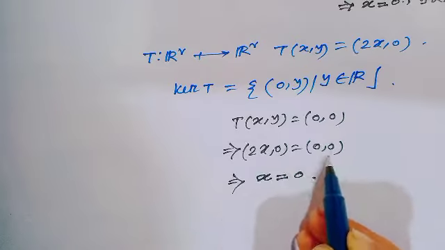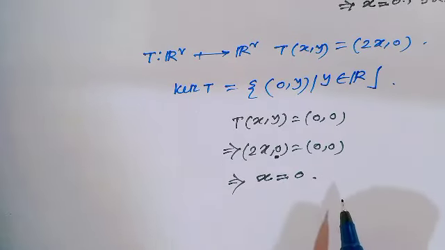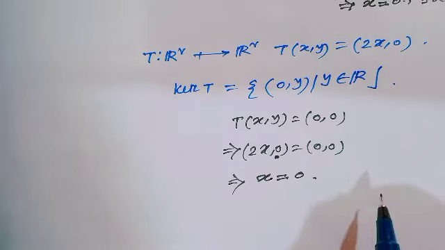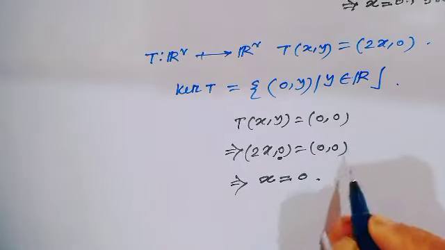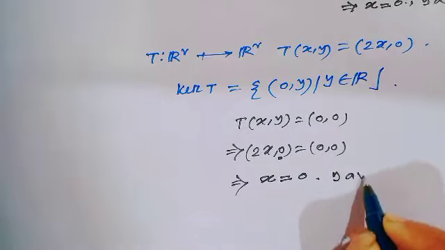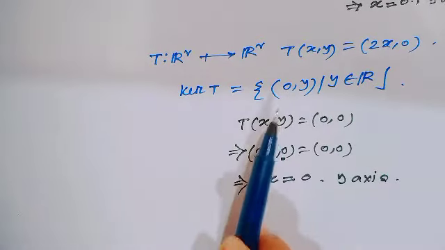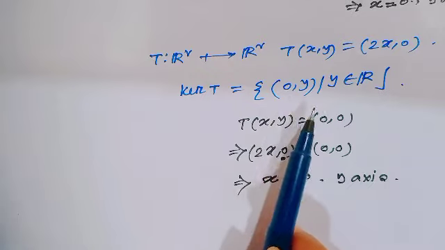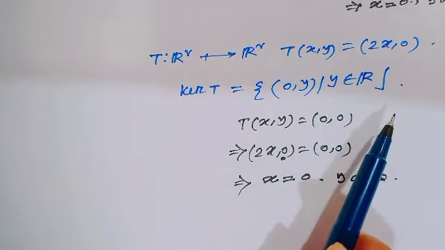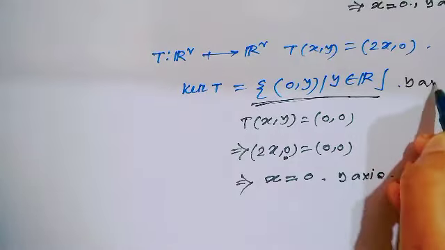And since the second component is 0, y can be any arbitrary number. That means the whole y-axis is the kernel, because the kernel is the set of elements (0, y) where y belongs to R, and this is actually the y-axis in R2.